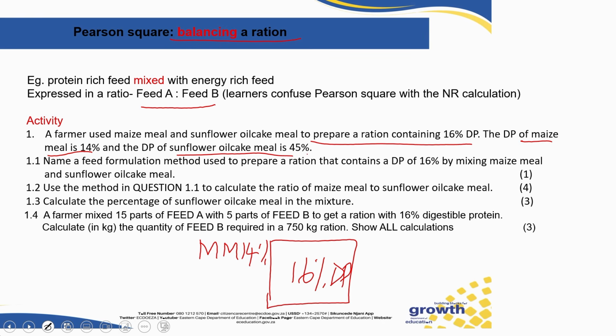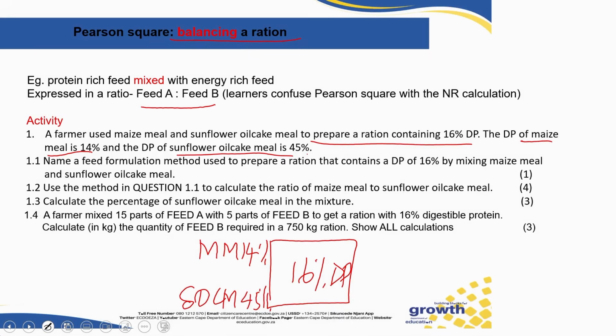Then the DP of sunflower oil cake meal is 45%. Mfundi, I used to say, give a name to a child before the child is born.